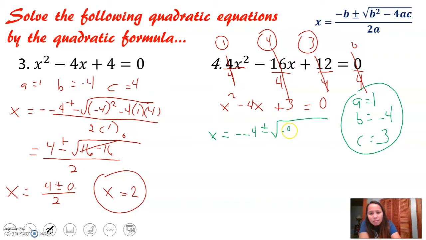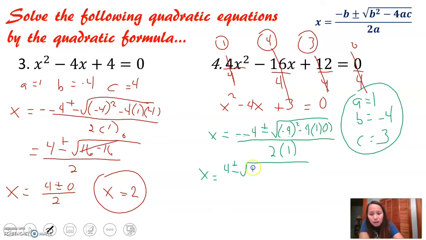B is again -4, so I'm going to enclose that in parentheses. 4 times 1 times 3. My C is 3. That's over 2 times my A, which is 1. So I have x equals negative of -4 is positive 4. -4 times -4 is positive 16. Minus 4 times 1 times 3, that's actually 12. 2 times 1 is 2.